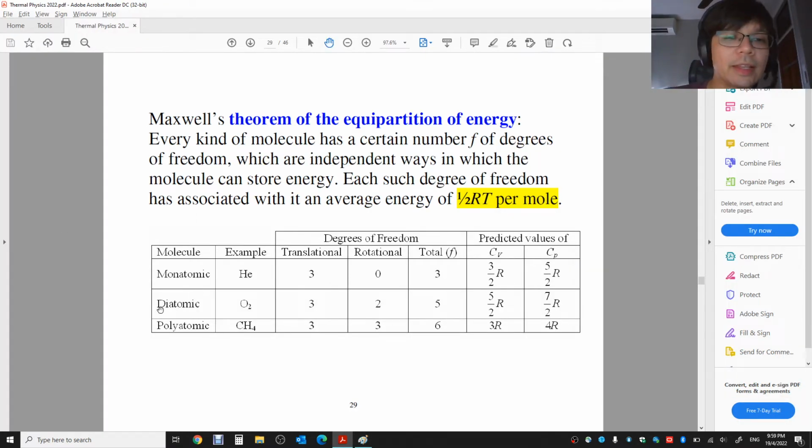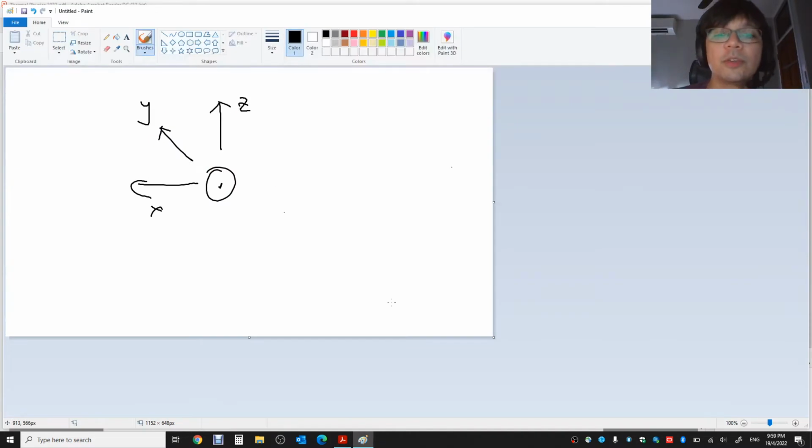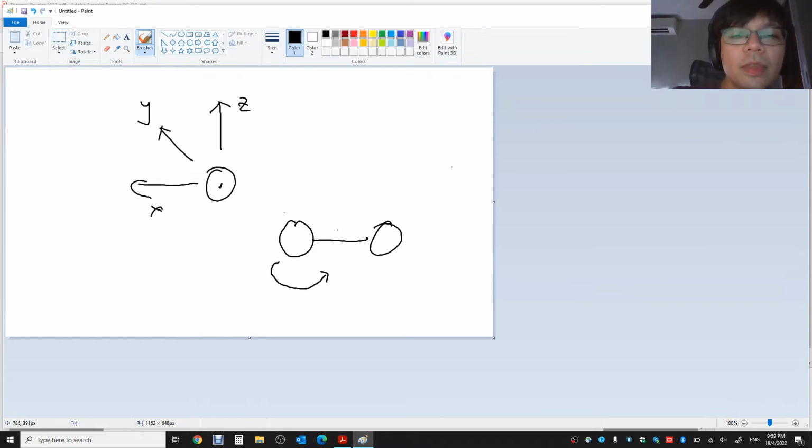Now, if you take a look at the diatomic case, for example oxygen molecules, O bonded to O, we can see that in addition to the translational degrees of freedom, there are rotational degrees of freedom. We can have an oxygen molecule rotating horizontally about this center axis.